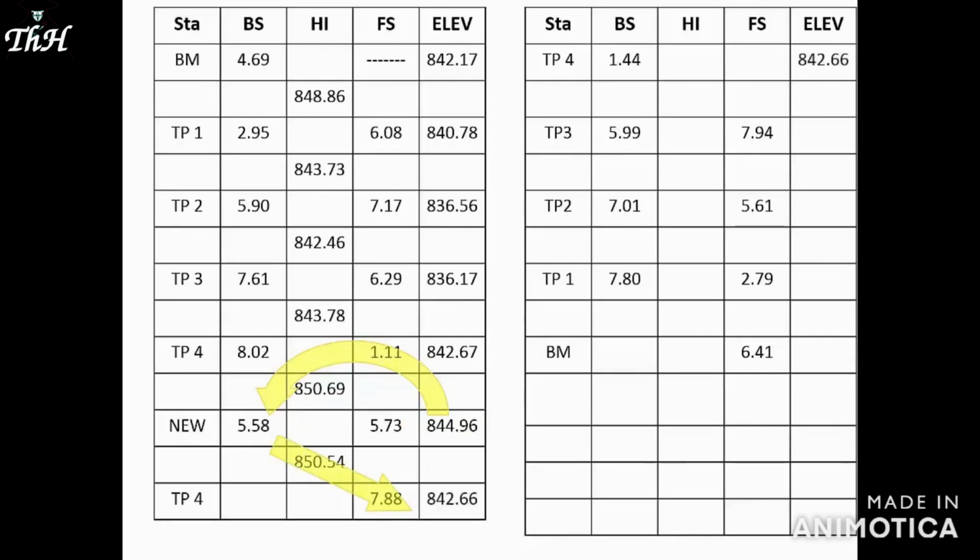Now notice that our notes continue in the upper right corner of the screen here. Notice that below the new TP4 elevation is another number in parentheses. The parentheses around this number indicate that this is a previously determined value. In fact, it is the value we computed from the forward run of the circuit.